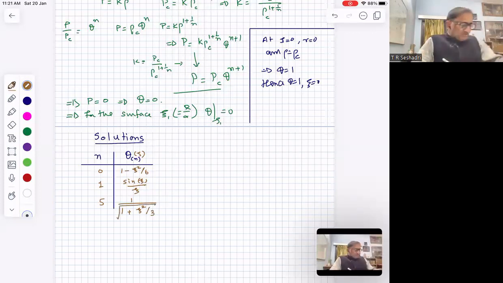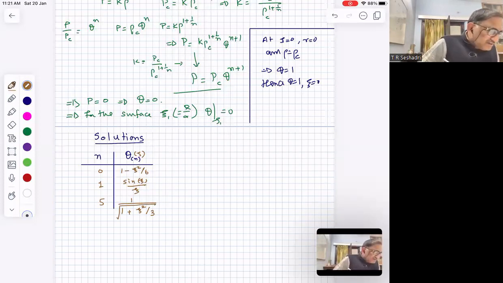And these are the only 3 exact solutions which exist. Of course, it goes without saying that you can calculate these numerically for these.